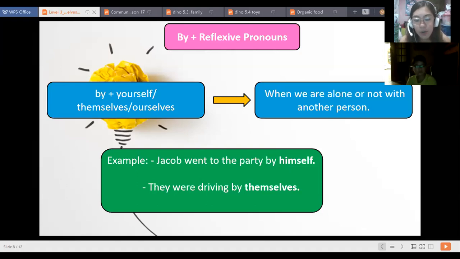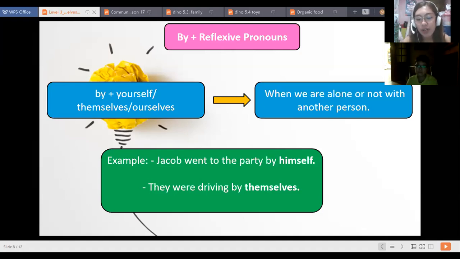Okay. So can you give me the meaning or use of the by and the reflexive pronoun? The meaning: when we are alone or not with another person.